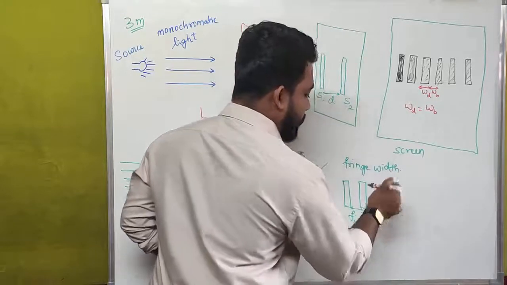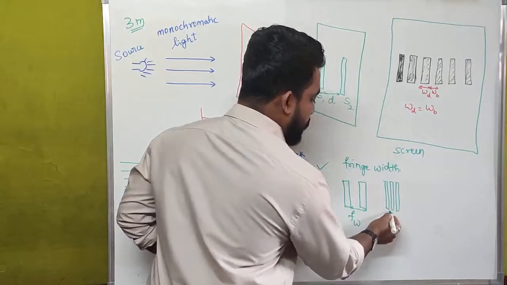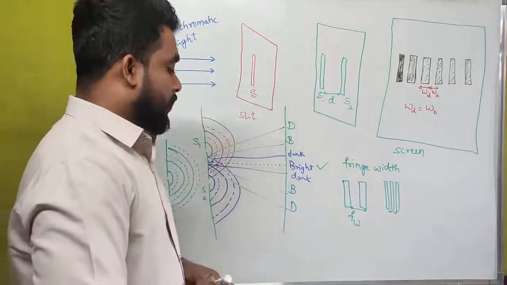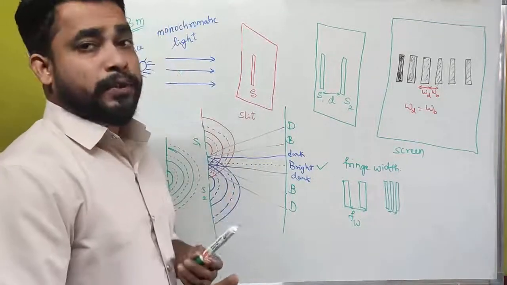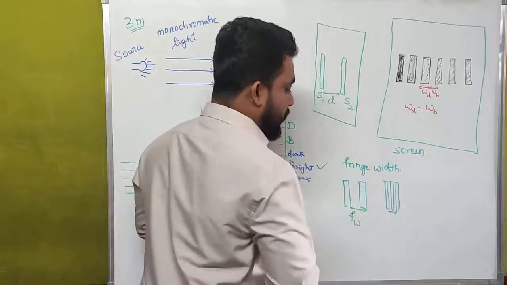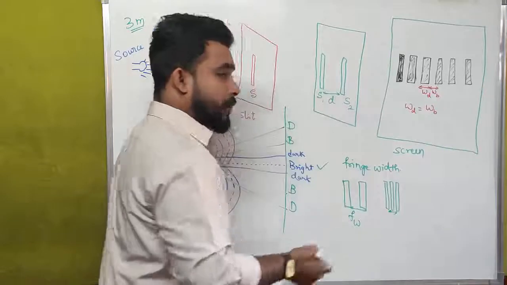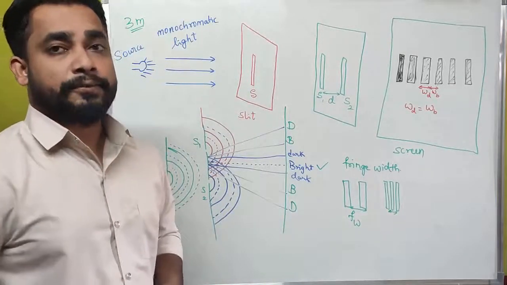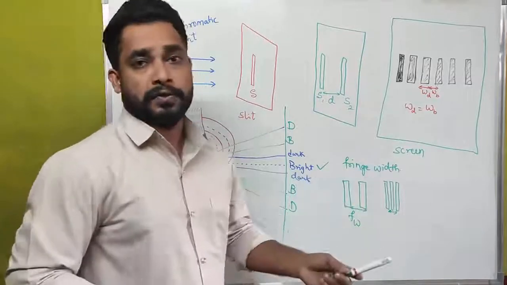The distance between two consecutive dark fringes, or two consecutive bright fringes, is known as fringe width.